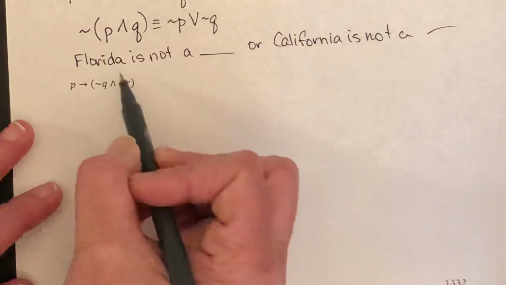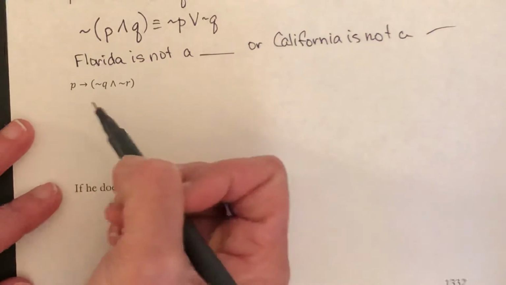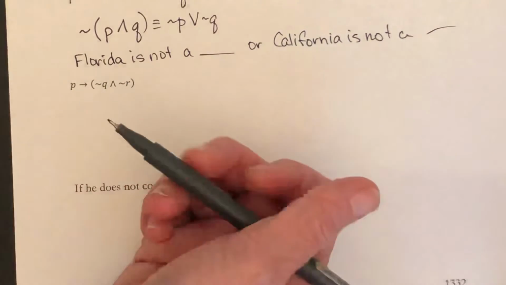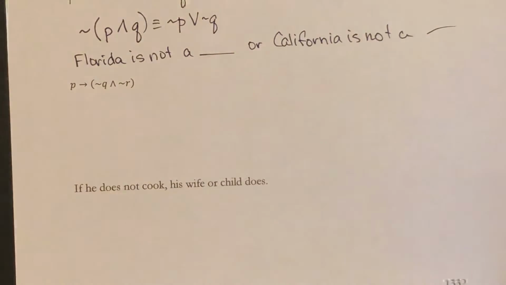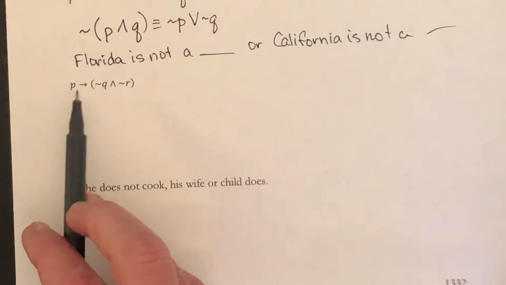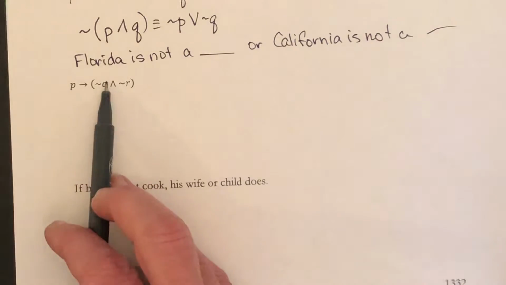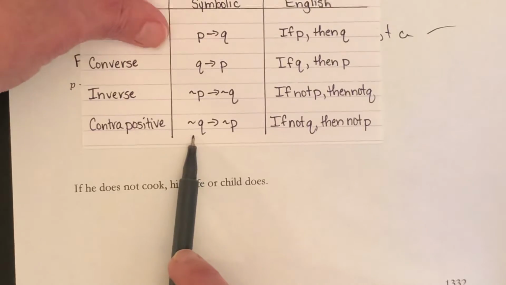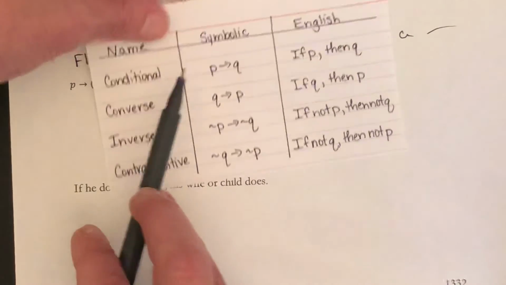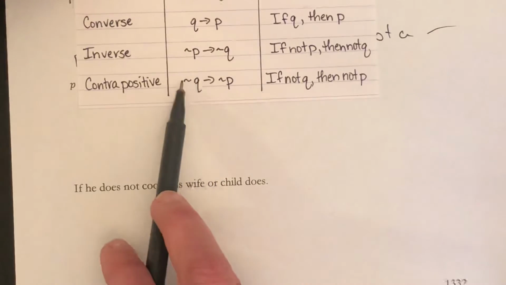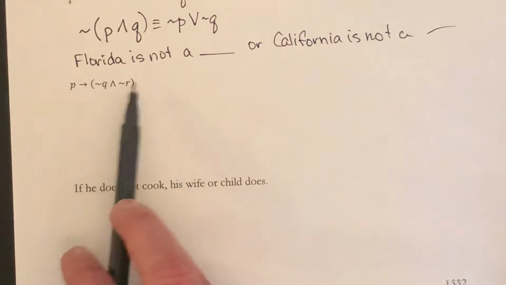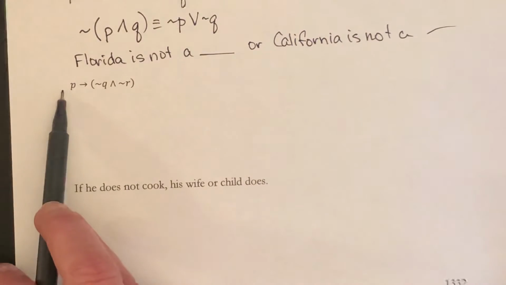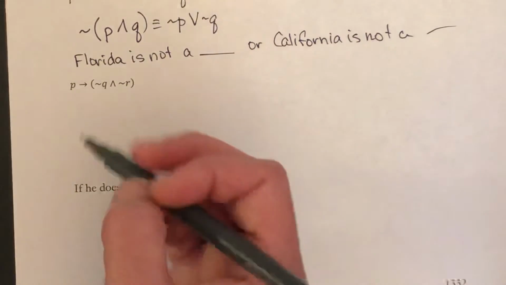But I do have an "and" with some negations in there, and I can work backwards to get a not in front of this. This is a conditional. If I use the contrapositive, we know it's equivalent, so it wouldn't change anything, but it would give me a not in front of this whole thing and a not in front of a P. So I'm going to use the contrapositive.